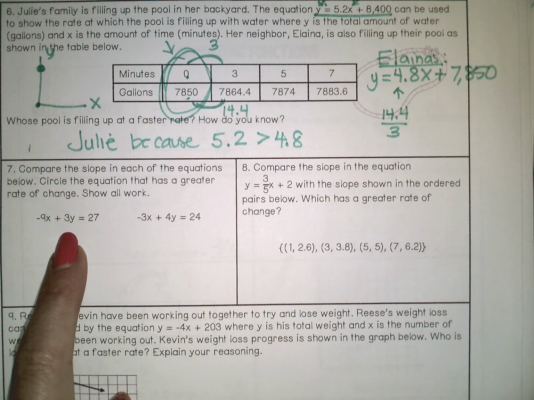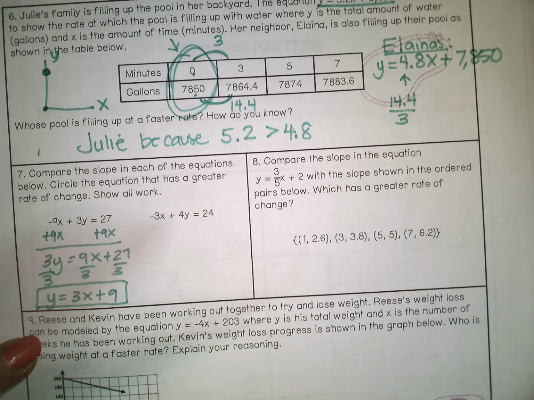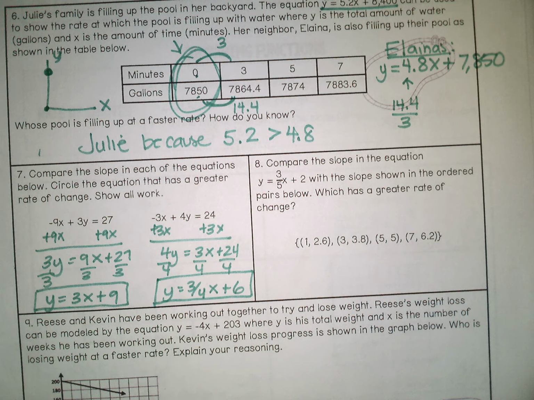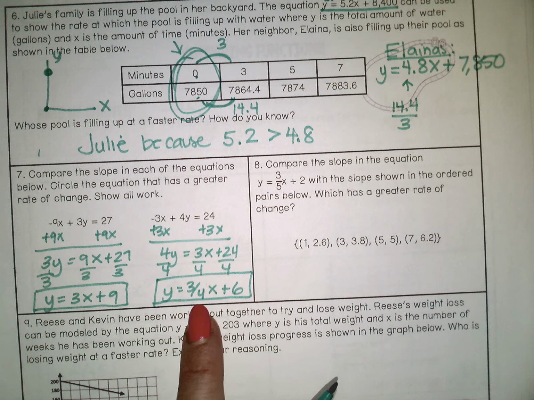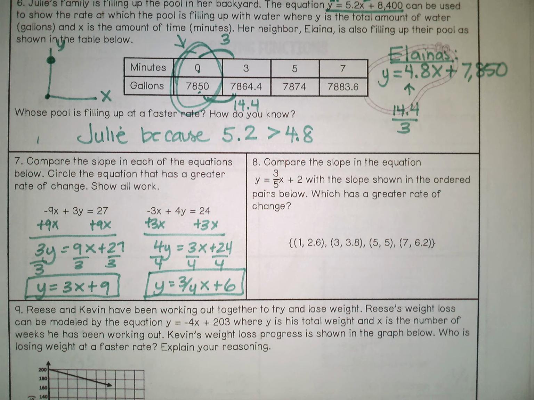So what is your rate of change there? Go ahead, get this equation into slope-intercept form. For this, slope-intercept form is y equals 3/4 x plus 6. What is your rate of change for this equation? So let's circle the equation that has the greater rate of change. This equation has a larger rate of change. 3 is greater than 3/4.